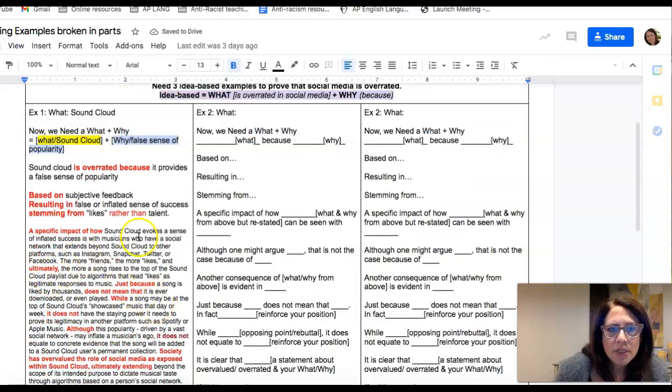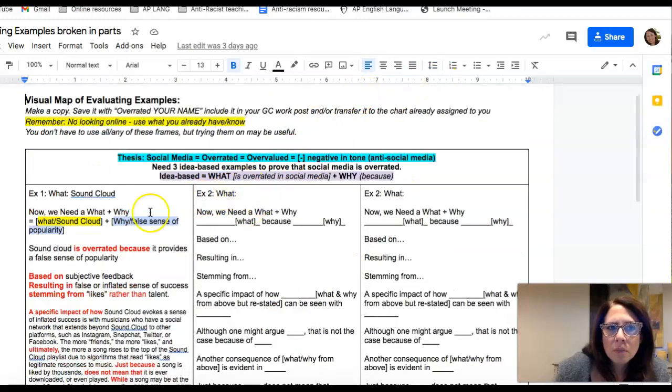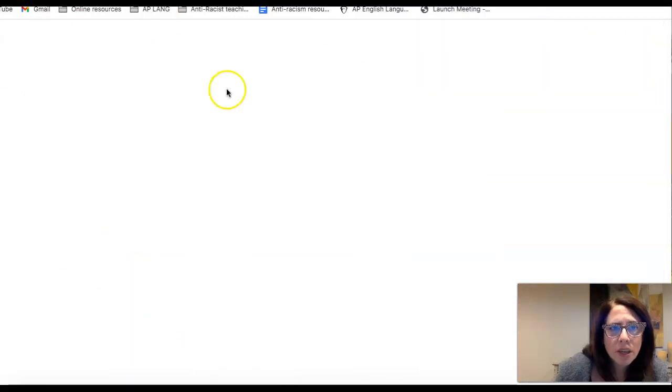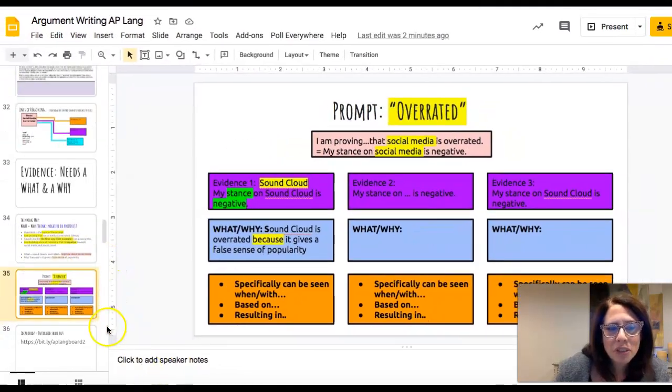And this might work for you. These are all frames about how to talk about our evidence and to test it and to build logic around it. So if you'd like to work on this, this is another way that you can see that. Please see Google Classroom. I have a hard time talking after a long day, so forgive me.